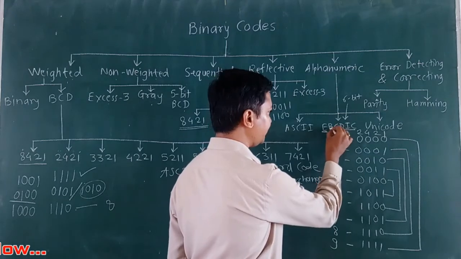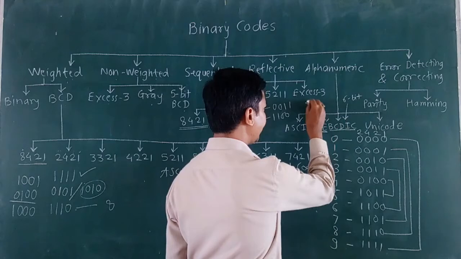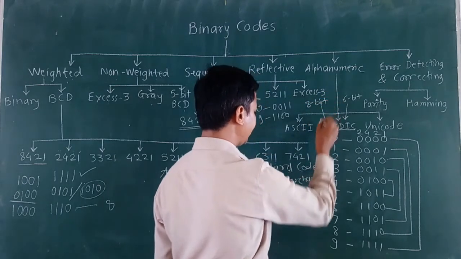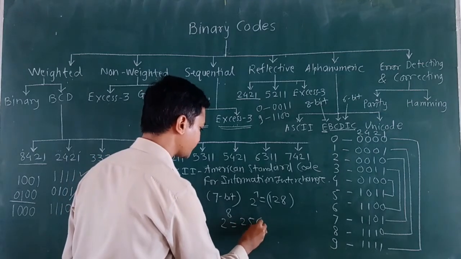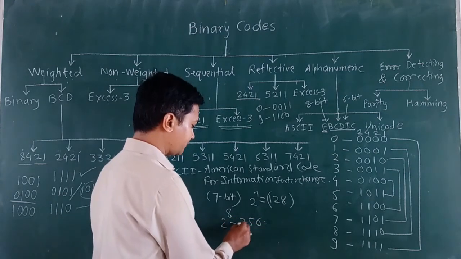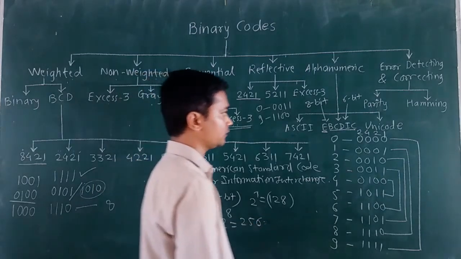So EBCDIC code was 8-bit wide. 8-bit means 2 raised to 8, equal to 256 combinations, can be formed.